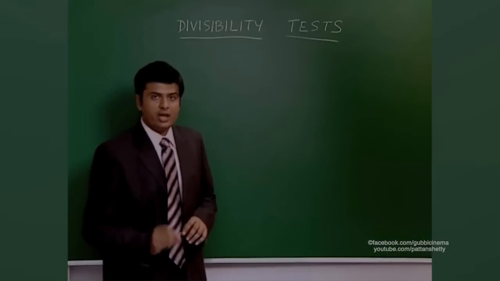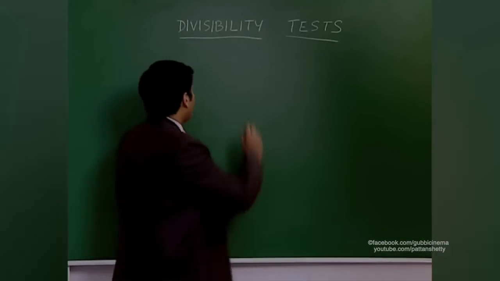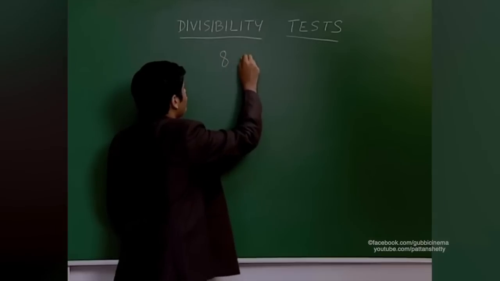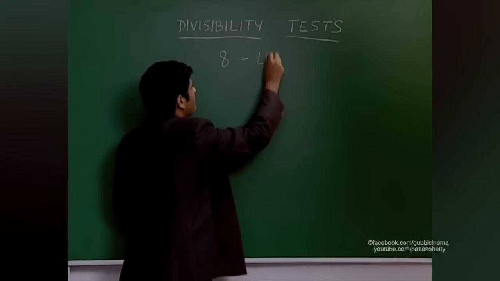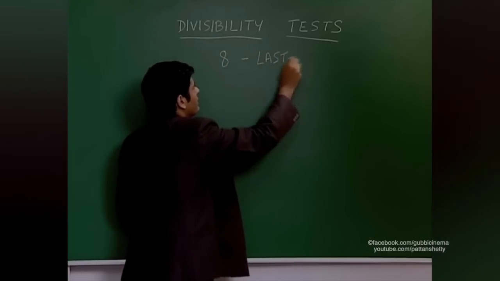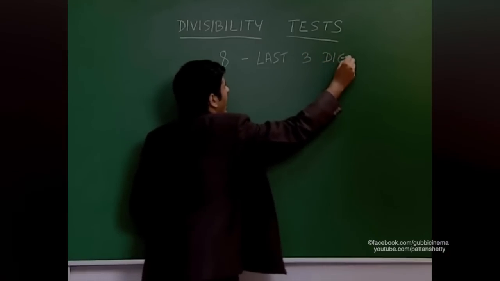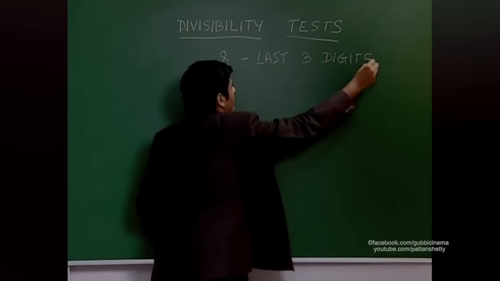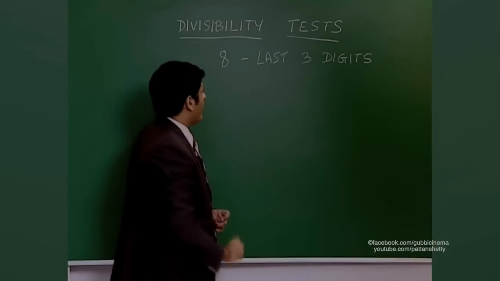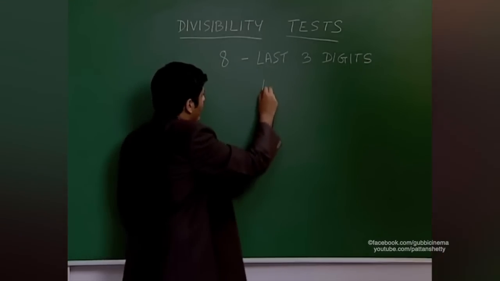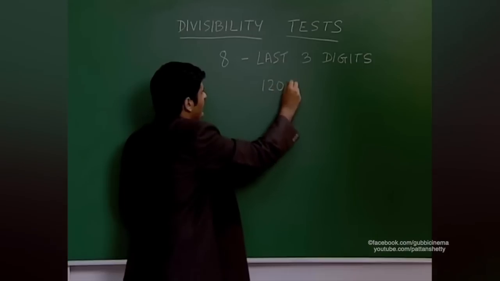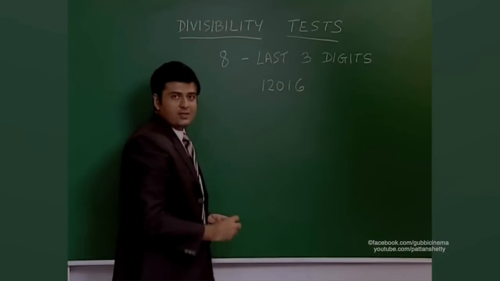Let us check for 8. The rule for 8 says check the last 3 digits. If the last 3 digits of any number are divisible by 8, then the whole number is divisible by 8. Suppose I want to check whether 12,016 is divisible by 8.